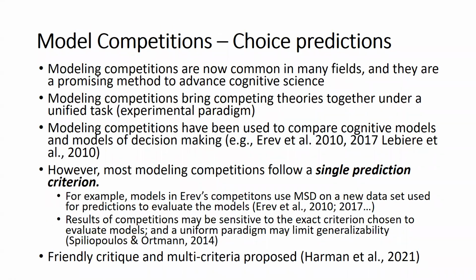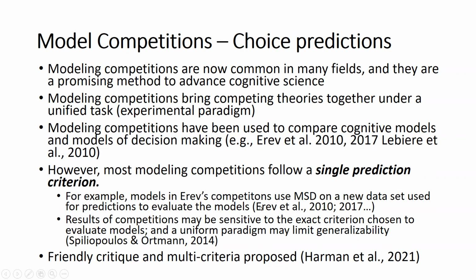Just to say a little bit more about modeling competitions: they are common now in many fields, and in decision science in particular, there have been many modeling competitions organized by Erev and others. However, most of these follow a single prediction criterion.